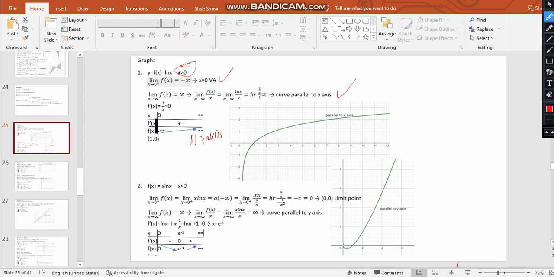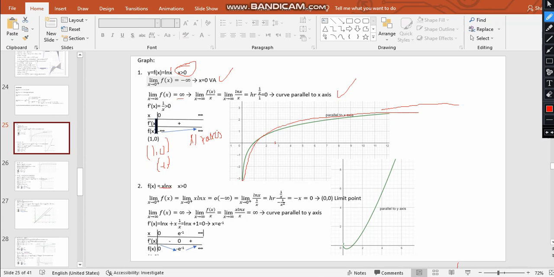You can pick as much as you want, and I have picked only 0.1. ln 1 is 0. You can pick e: ln e is 1. So it becomes parallel, as you can see, to the x-axis as it goes.